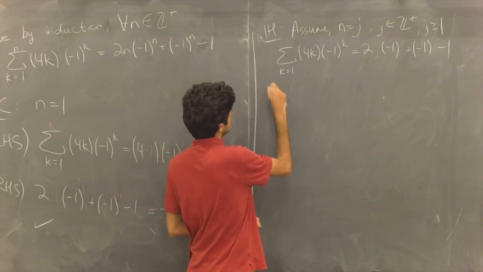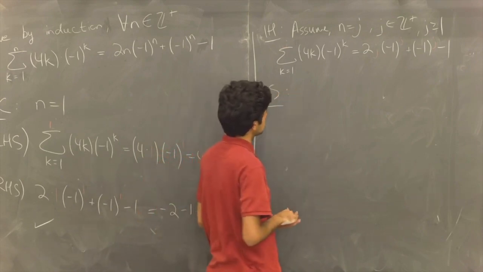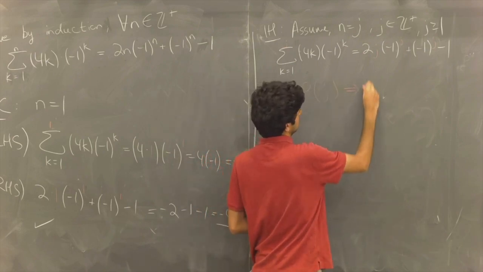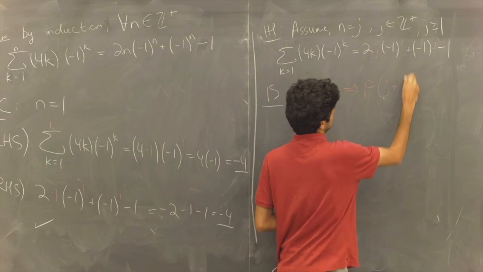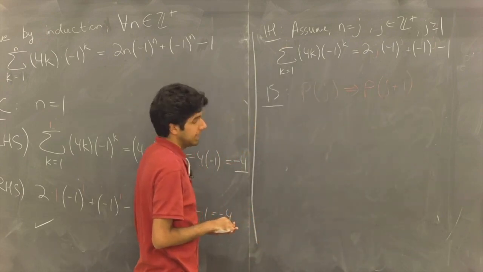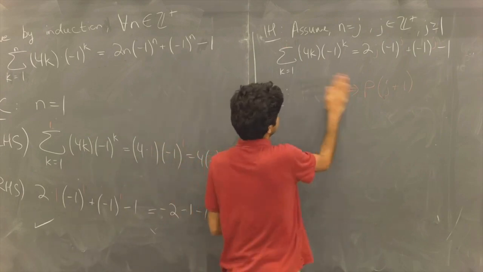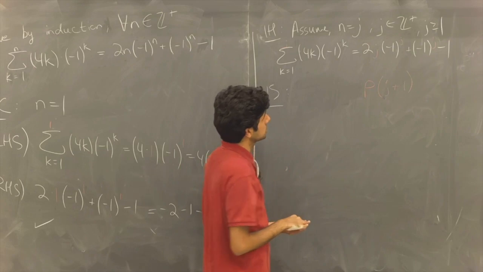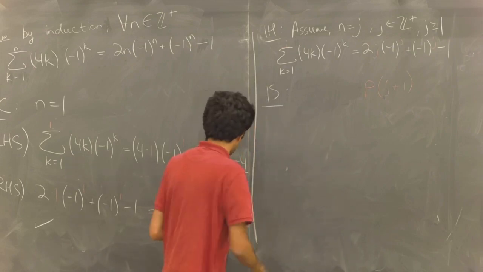Now comes the induction step. This is where we are going to show the implication. This is our goal. And to do that, we're going to focus our attention on P of j plus 1. We want to show that the j plus 1 case holds true.